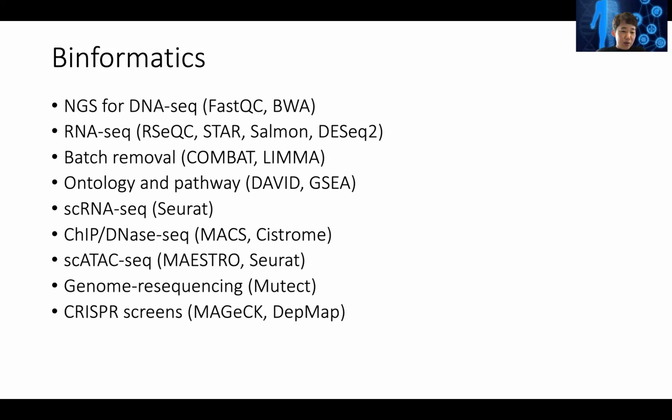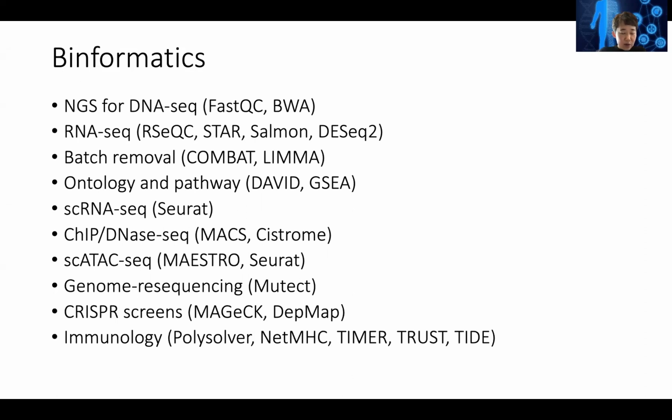And we showed you how to do CRISPR screen analysis and also how to look at some immunology analysis methods. Oh, I forgot, actually, in this year, you also have homework really looking at how to do DNA methylation analysis and also Hi-C analysis. So I would say we have covered a lot of algorithms.